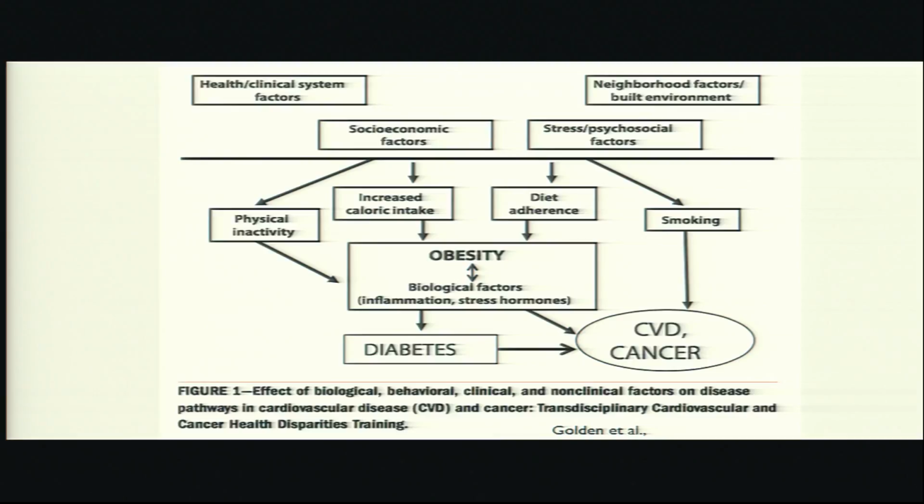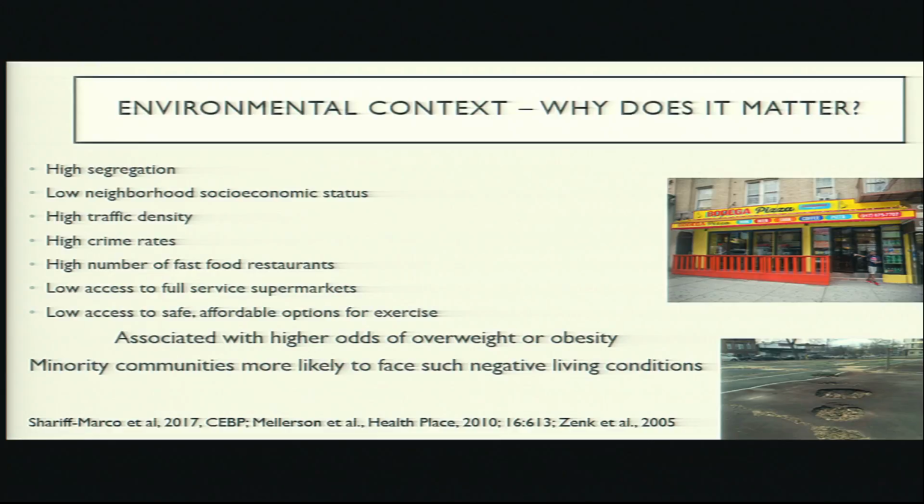We see upstream factors like healthcare factors, neighborhood and built environment, socioeconomic status, stress, and psychosocial factors, which then impact individual behaviors, which then feed disease risk, including cancer, diabetes, and heart disease.